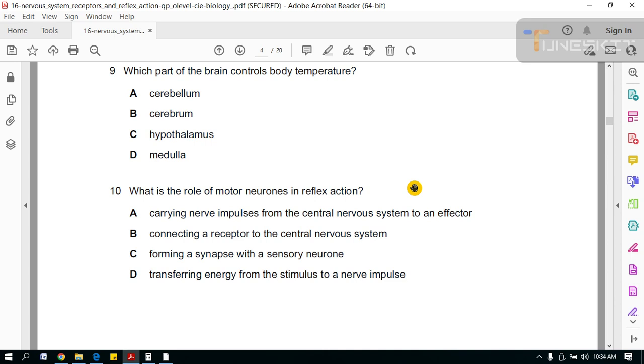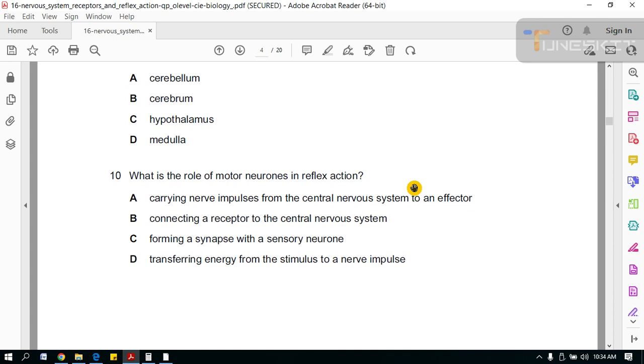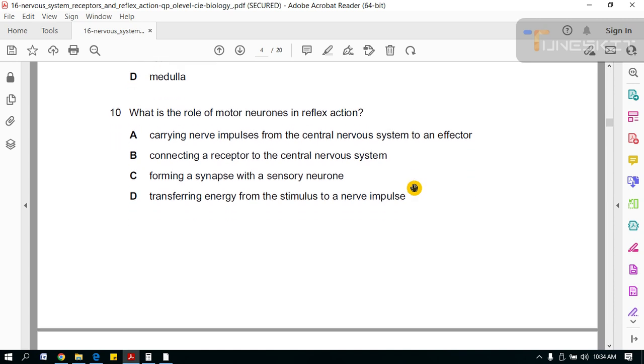Connecting a receptor to the central nervous system, no. Transferring energy from the stimulus to the brain, no, it is not. So option A is correct. It is the function of motor neurons to carry the information from the central nervous system after processing to the effector. The effectors may be hormones or muscles.